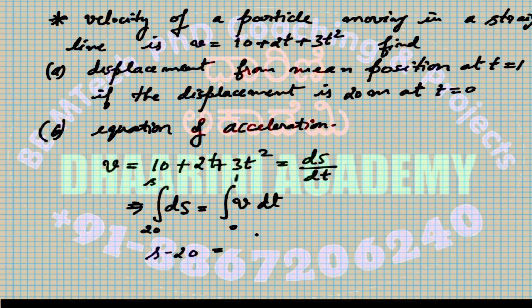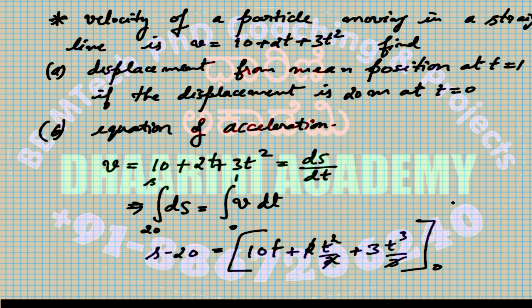The right hand side, I integrate this function. 10 becomes 10t, plus 2t becomes t square by 2, plus 3t square becomes t cube by 3. So ultimately the equation that I'm going to use to substitute is 10t plus t square plus t cube.